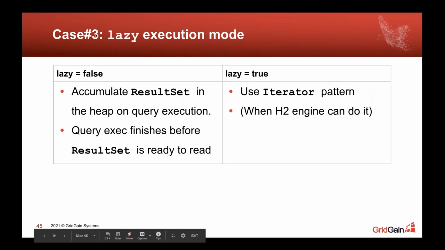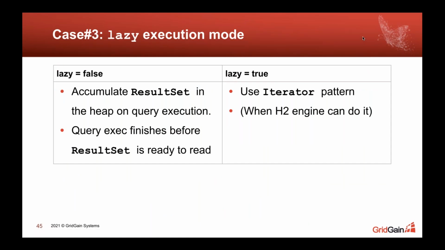So let's speak a little more about lazy. If lazy is set to false, it accumulates results in the heap, because it doesn't give anything to the user before it's accumulated and aggregated.